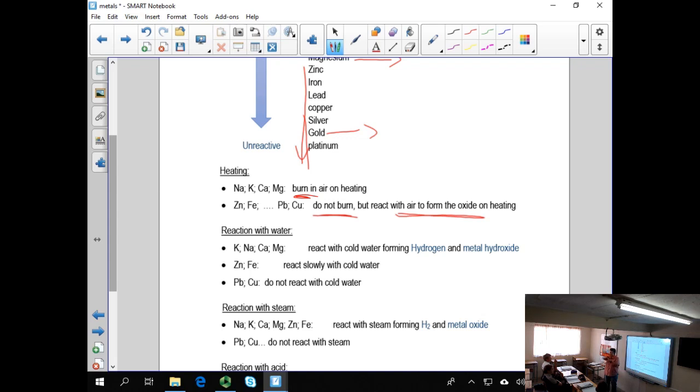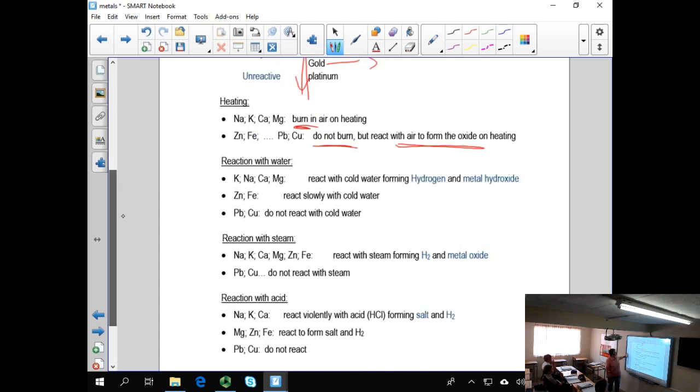When you polish them, you remove that oxide layer. The zinc oxide that forms has a whitish color. Iron oxide, a reddish brown. Lead oxide, I think, is also white. And copper oxide, blue-green color.